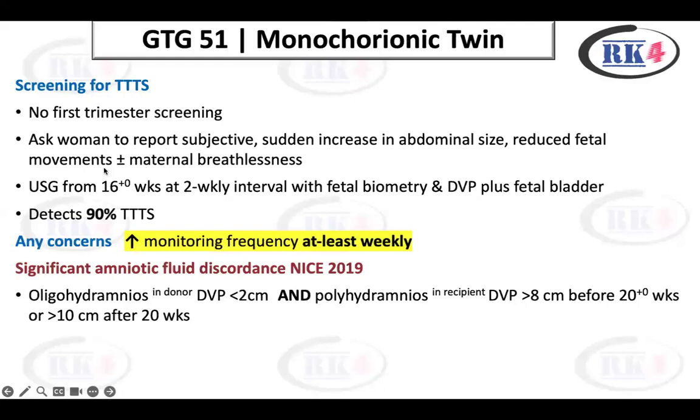So if it develops, the same criteria: oligo less than 2 centimeters DVP, and polyhydramnios when DVP is more than 8 centimeters before 20 weeks or more than 10 centimeters after 20 weeks, then we say this is something significant. Amniotic fluid discordance is there, something is happening, so you need to monitor weekly, right?